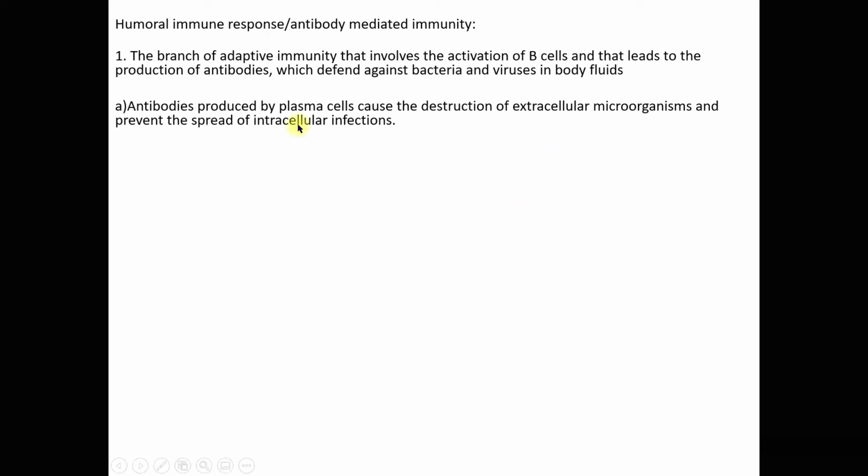So the antibodies produced by the plasma cells or effector cells cause the destruction of extracellular microorganisms and prevent the spread of intracellular infections.